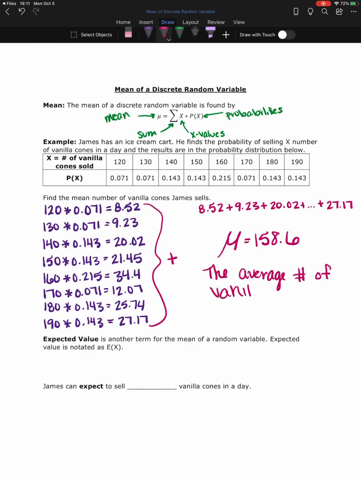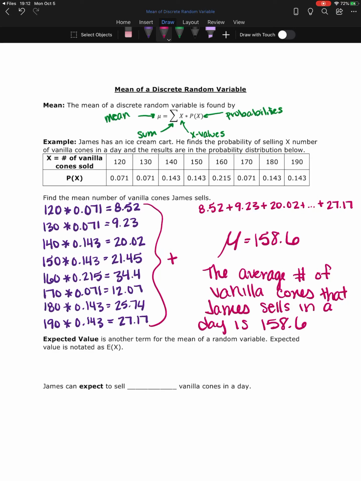We're specifically looking at the average number of vanilla cones that James sells in a day is 158.6. So that is the actual calculation of the mean with a probability distribution where you have x values and the probability of each of those x values.